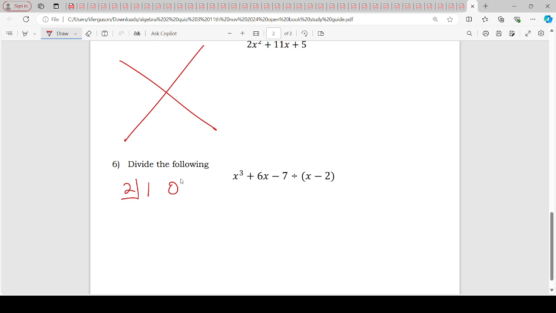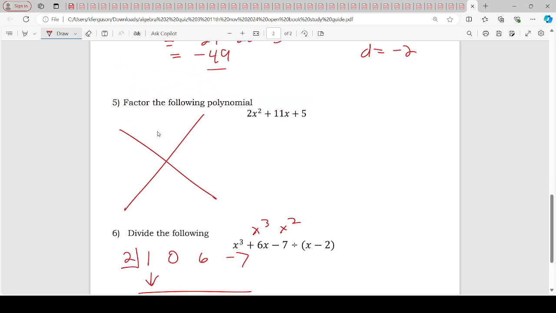Very important. What's 0 in this case? Placeholder. You got to know, because x to the third power is there. We're looking for x to the second power that ain't there. So we need to put 0 as a placeholder for that. And then we got what else? And then negative 7.